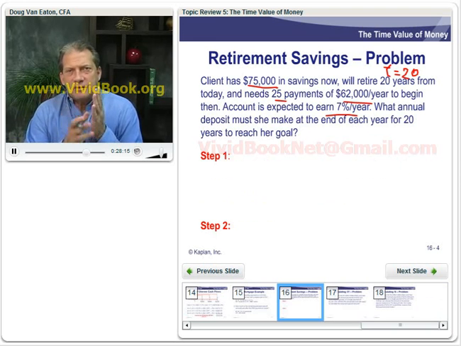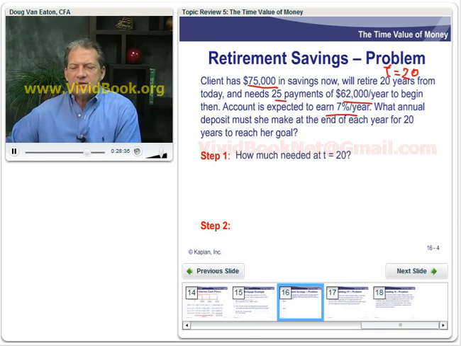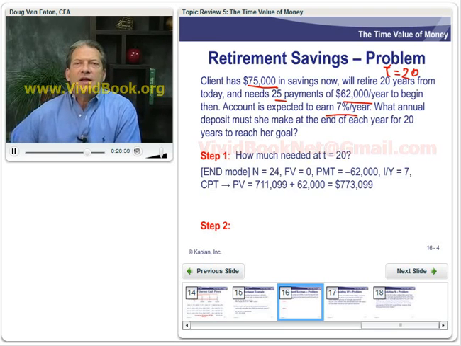So we've got $75,000 in there today. First, we've got to figure out how much we need at time 20 to make these payments of $62,000 a year for 25 years. So first we'll calculate that, and that's going to be our step 1. So how much do we need at t equals 20? Well, we need to calculate the present value of those payments.